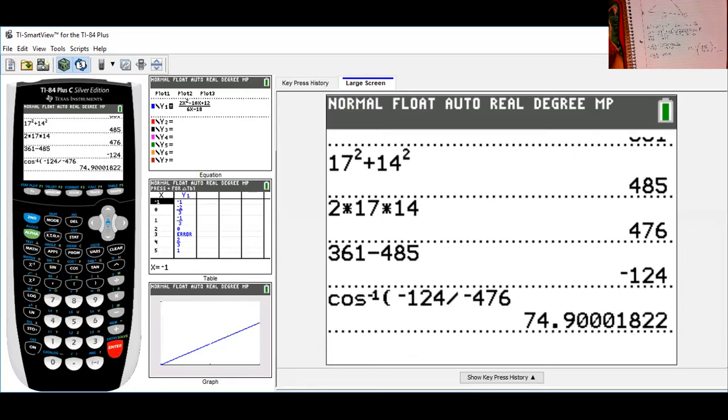And then round to the nearest whole number, that's 75 degrees. So I found angle B is 75 degrees.